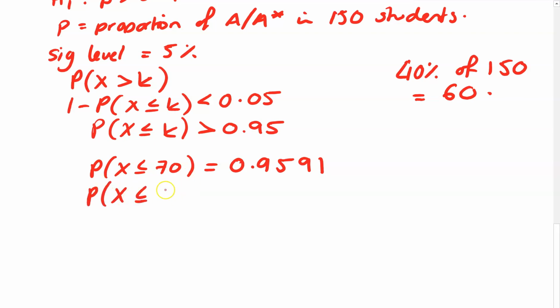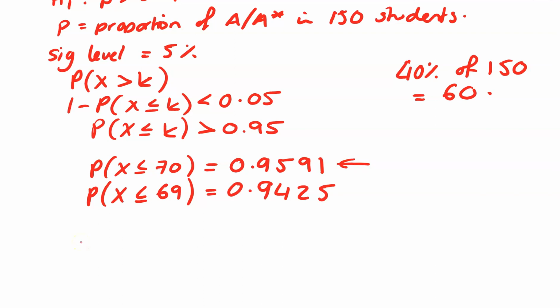That's definitely the first one, if you like. So let's test 69 just to make sure. Okay, that comes out at 0.9425. So I just hit a lucky guess. So that is the first one that is above 0.95.